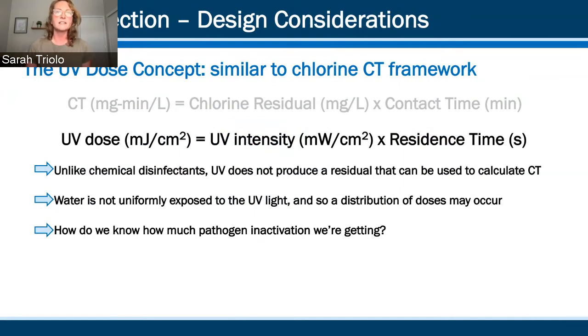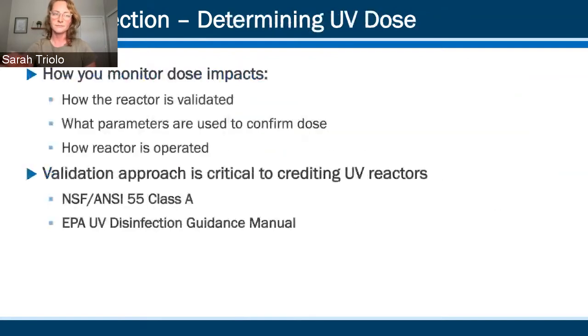But because it's not getting mixed in, there's not a uniform exposure to the UV light. So you can end up in practice getting a distribution of doses. So those factors make it a lot more challenging to figure out how much pathogen inactivation you're actually getting in a UV reactor.